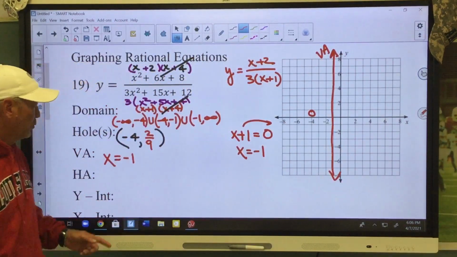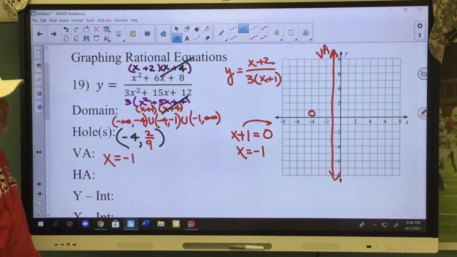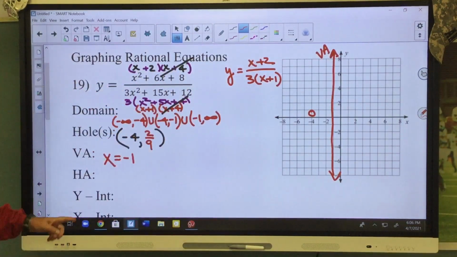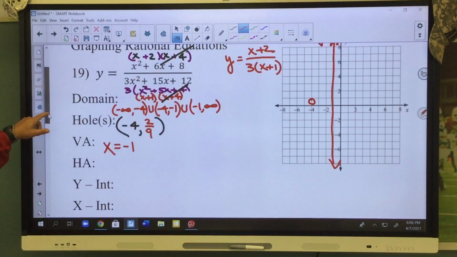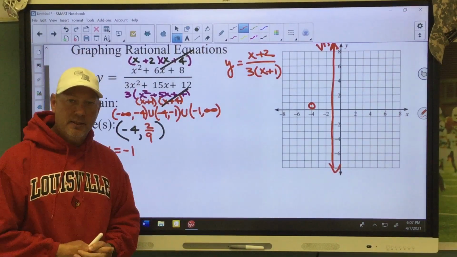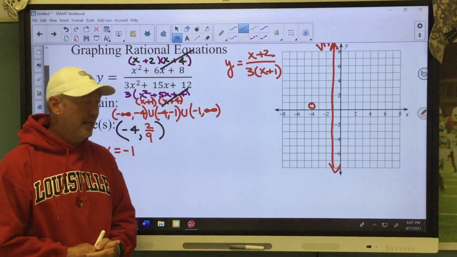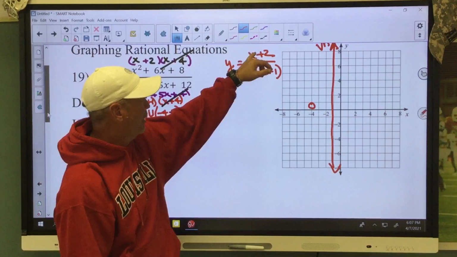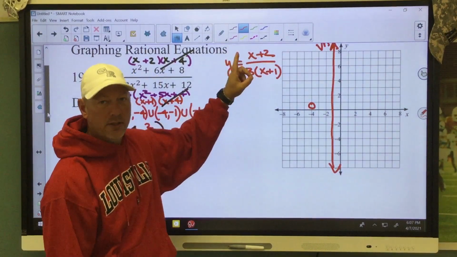Next we want to find our horizontal asymptote. To find it, this is where we use Bobo Botten eats DC. Look at my problem. The exponent on the top variable is 1.